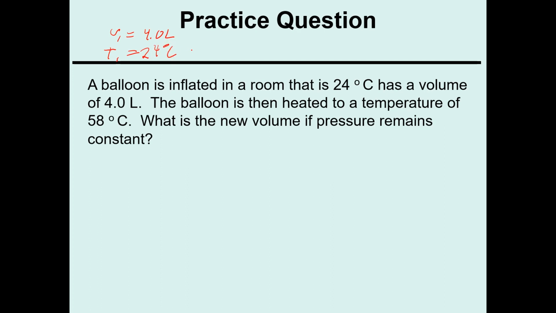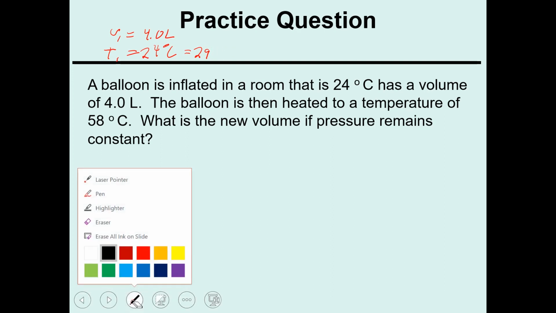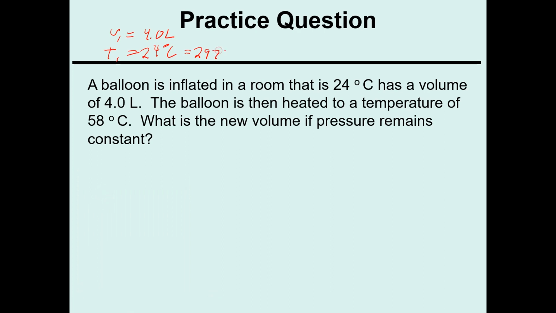So if we add 273 to 24 degrees Celsius, that gives us a total of 297. V2 is what we're trying to find. And T2 is 58 degrees Celsius. So if we add 273 to that, that comes out to 331 Kelvin.